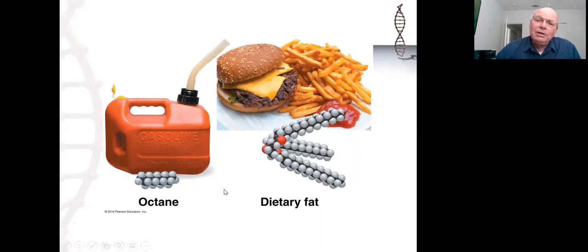When we take a look at a typical fat, particularly a fat that we might find in animals like ourselves, we find the same thing: long chains of carbons linked together by single covalent bonds with lots of hydrogens attached to that chain. Each of these is called a fatty acid. They make up molecules that we refer to as fats.